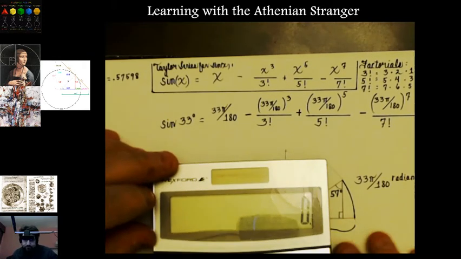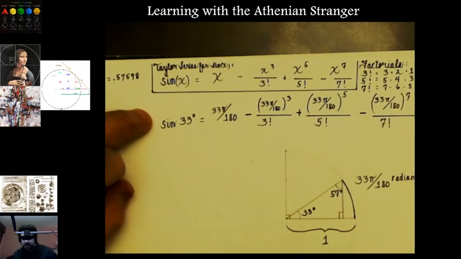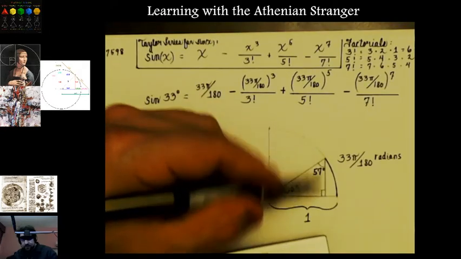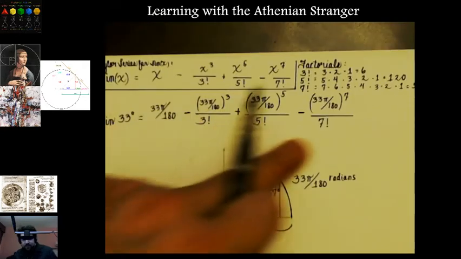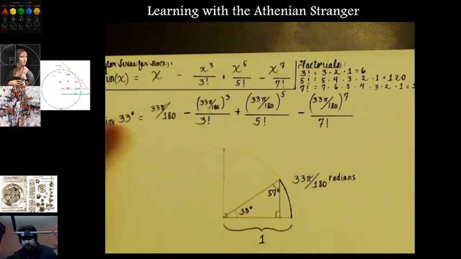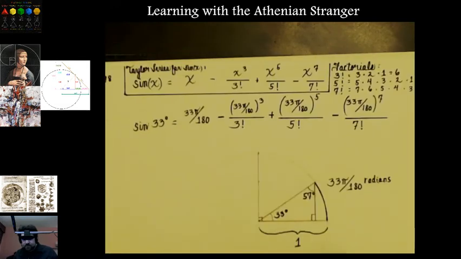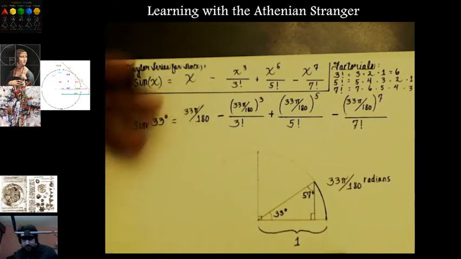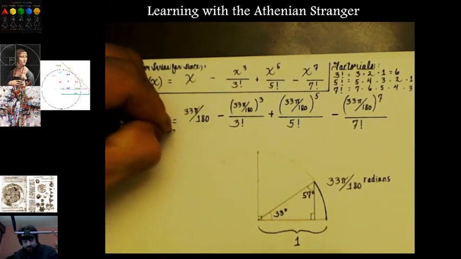Okay, so we're approximating the sine, which is this height right here. We're going to use the Taylor series for sine, and we're going to compute it out. So let me do some intermediate steps here.